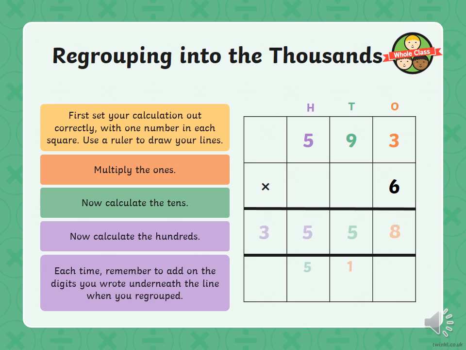We put the 8 there, carry the 1 over. 9 times 6 is 54. 4 plus the 1 is 5. We carry the 5 over. 6 times 5 is 30. And then we put the 0, and the 3 is carried over.